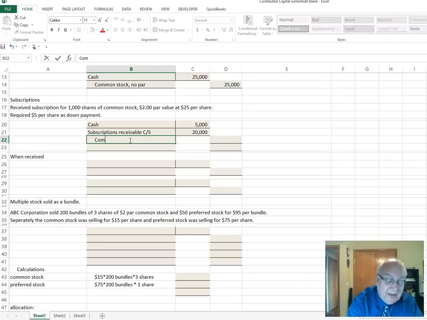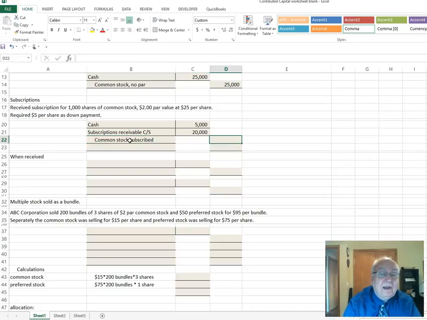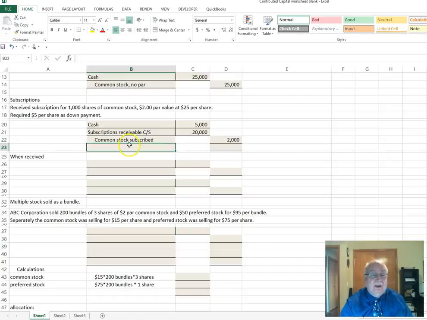Now this will be common stock subscribed. And that will be equal to the 1,000 shares times the $2. So common stock subscribed is recorded at par value. It's not common stock yet because it hasn't been paid for. Okay, it's just subscriptions.